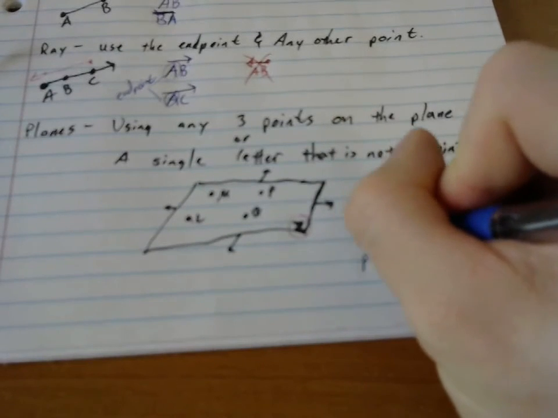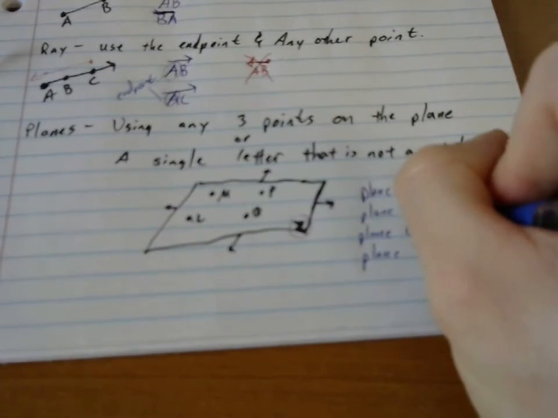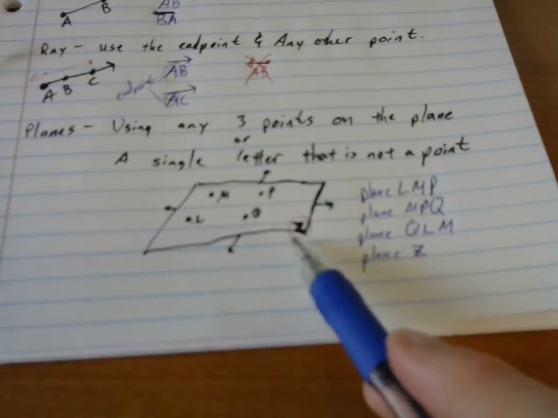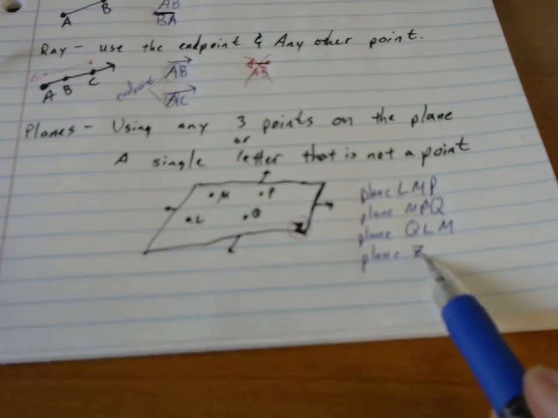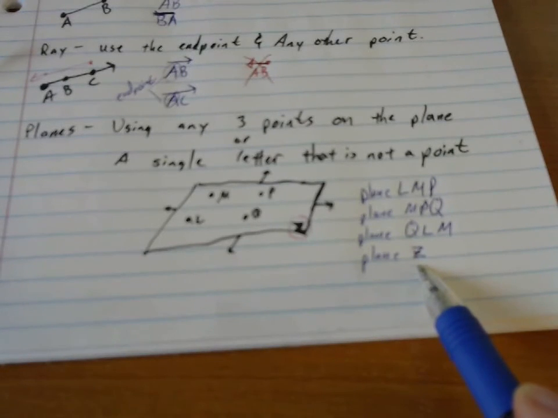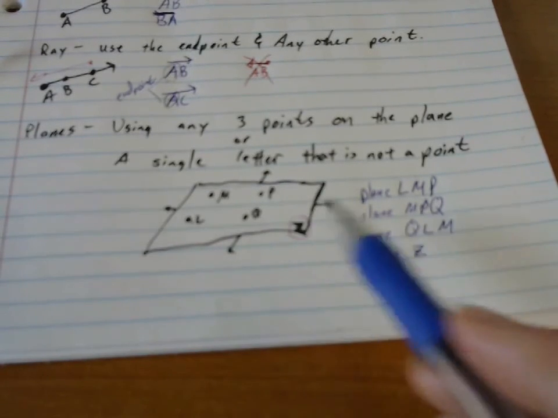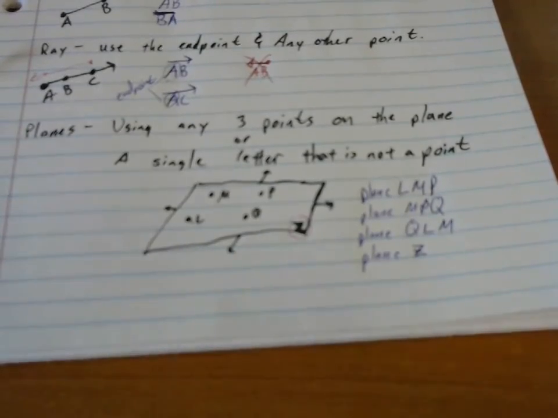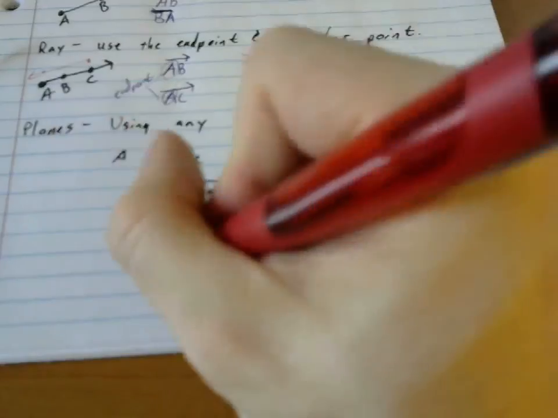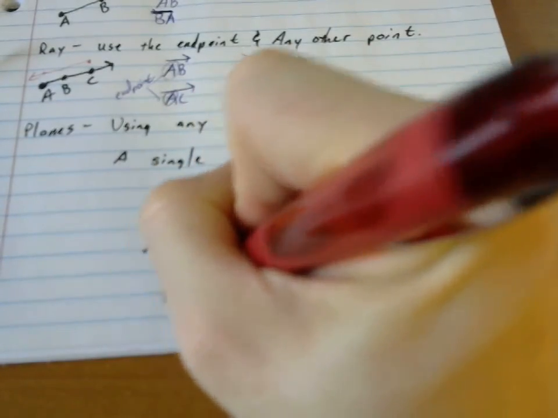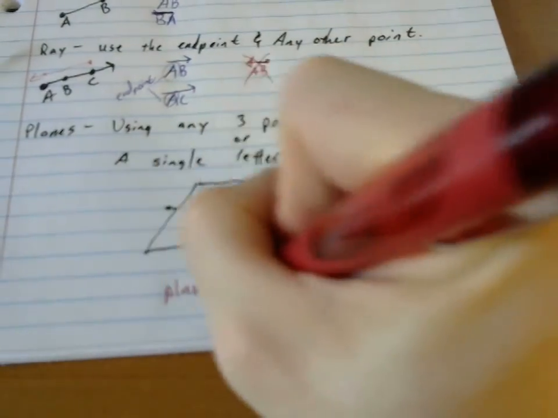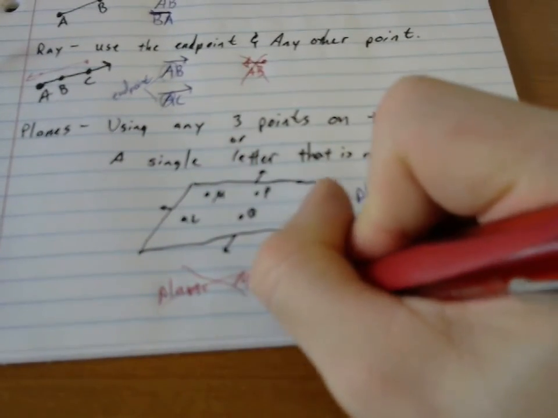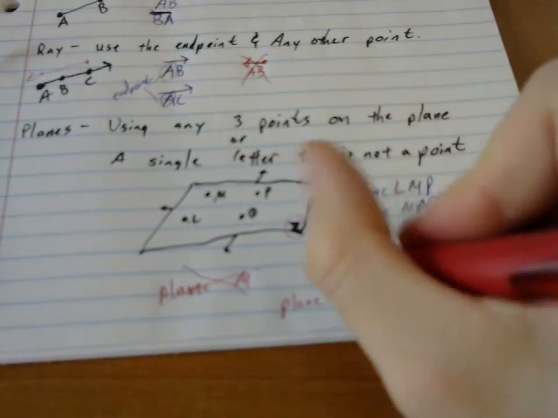When I name with a single letter, I have to use one that is not a point. So there are no dots near that Z. I can call it plane Z because of that. If there was a dot there, I could not call it plane Z. I cannot call this plane M. In this situation, it's not okay. Plane M is not okay. Another thing that you might notice is I used only 3 letters.